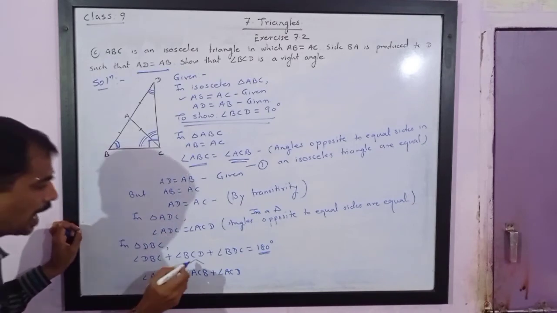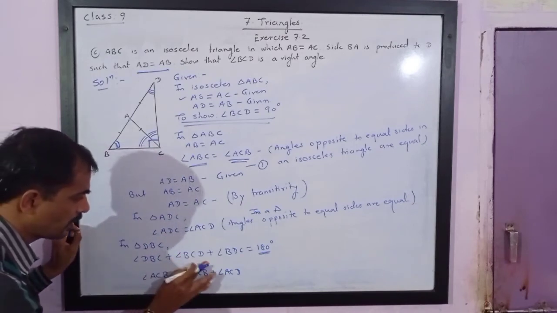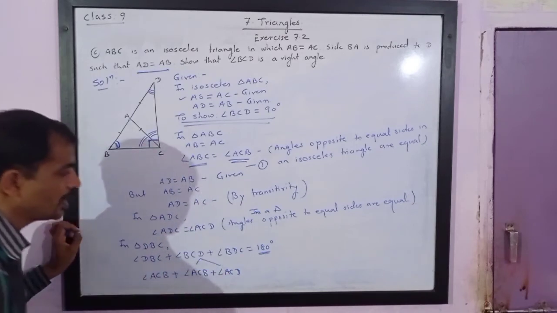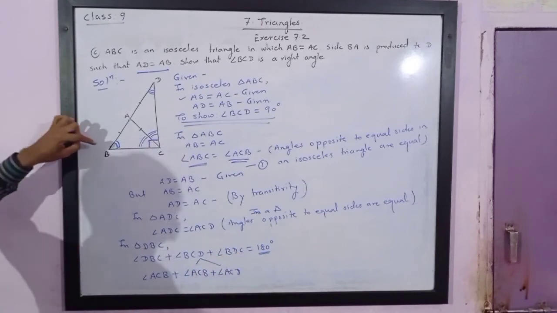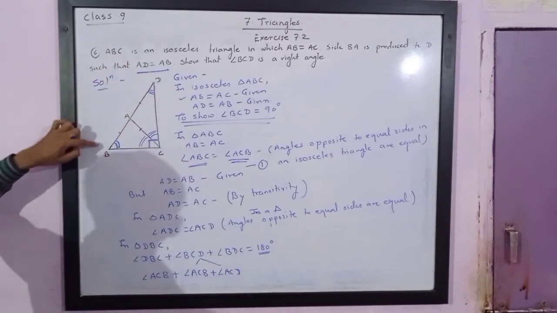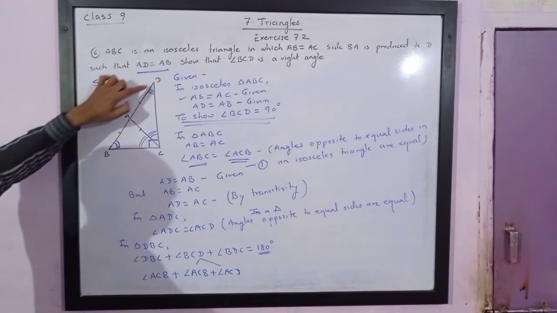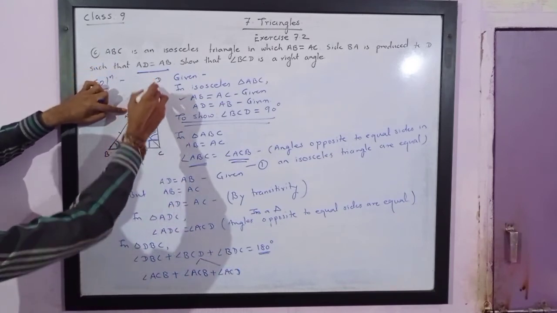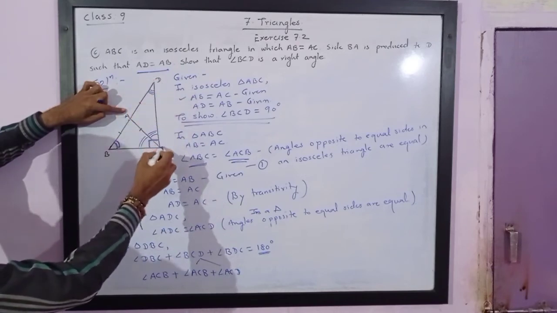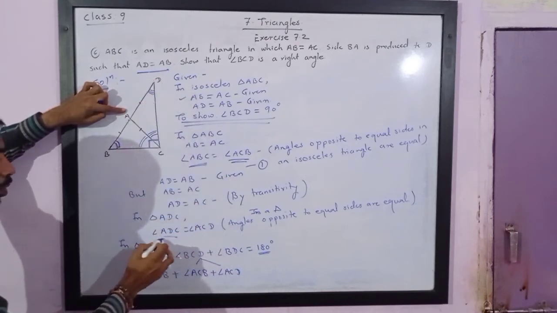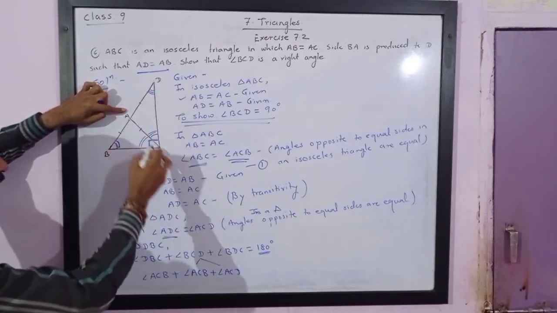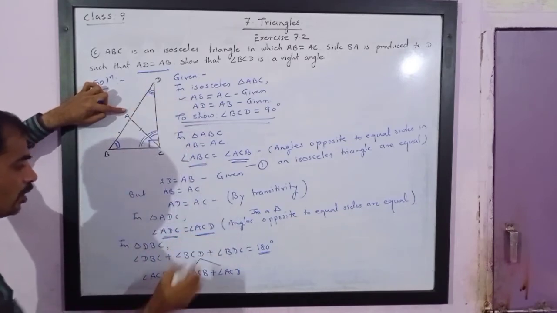Now look at the third. I have split this into two angles, this and this. Now look at the angle BDC. BDC is this angle. This BDC can be written as ADC, but ADC is equal to ACD.